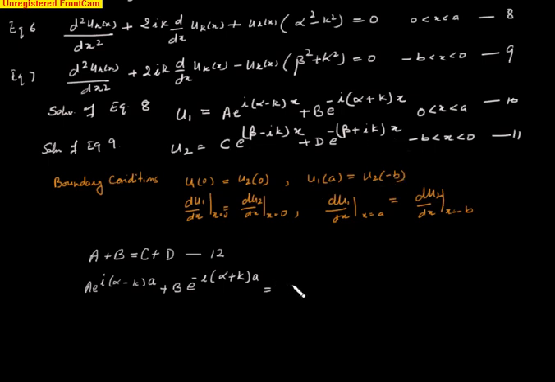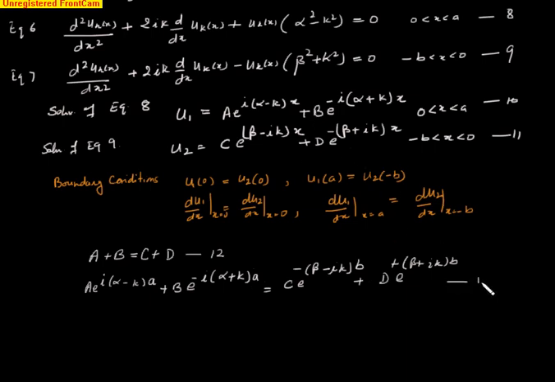Therefore this term will give me c e^β e^(ik). Here x means I have to put minus b, then plus d times e^(−β + ik). Now here minus b, and this minus will become plus, so I will get plus here. So this is the value of these two equations by putting this condition.